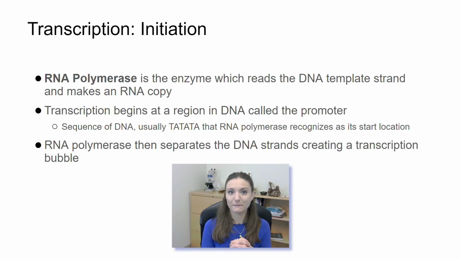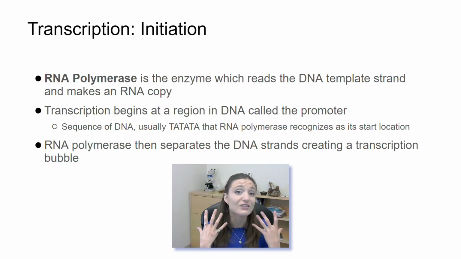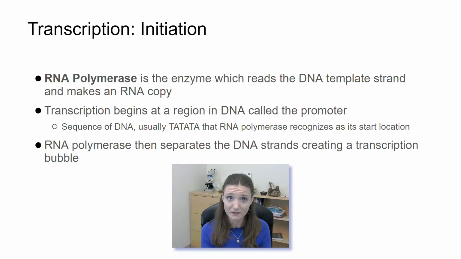Okay, so what does this look like? Our main enzyme player here, you should know this, in transcription is a molecule we call RNA polymerase. So polymerase is just a class of enzymes, and really they're just builders. They are the ones that are constructing longer molecules. They're the ones constructing polymers. This one, based on its name, RNA polymerase, is building RNA.